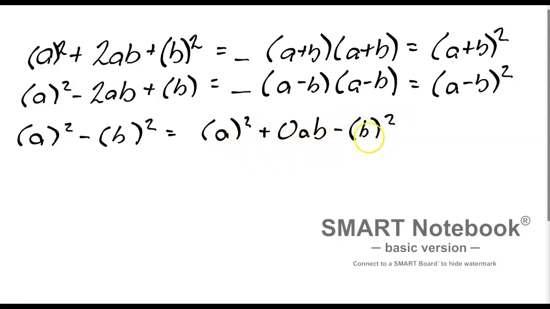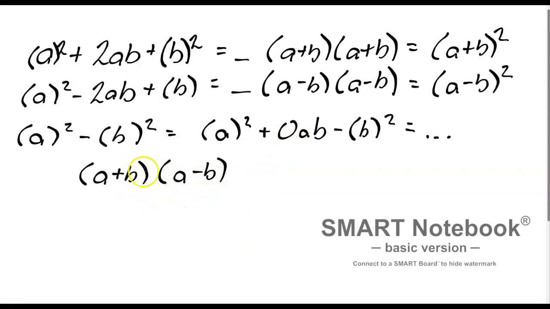The only thing is two numbers that multiply, but those two numbers add to 0. And that'll end up being, let me write it over here, down here, A plus B and A minus B. So they'll multiply to give you something, and when you add them, the plus and the minus will cancel it.